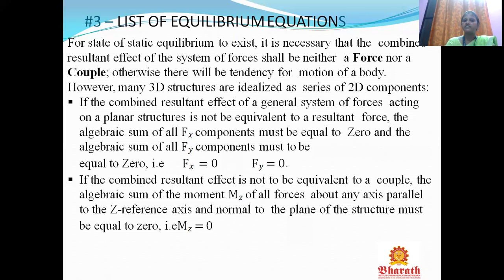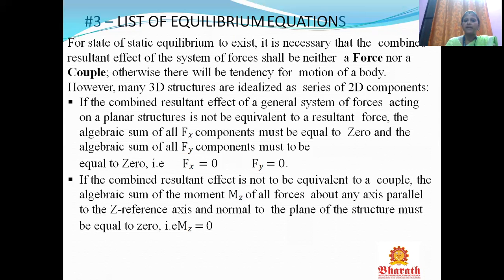However, it may be a 3D structure or idealized as a series of 2D components. If the combined resultant of a system of forces acting on the planar structure is not equivalent to a resultant force, the algebraic sum of forces, that is Fx, Fy or Fz, is equal to 0. That we call the equilibrium equations.